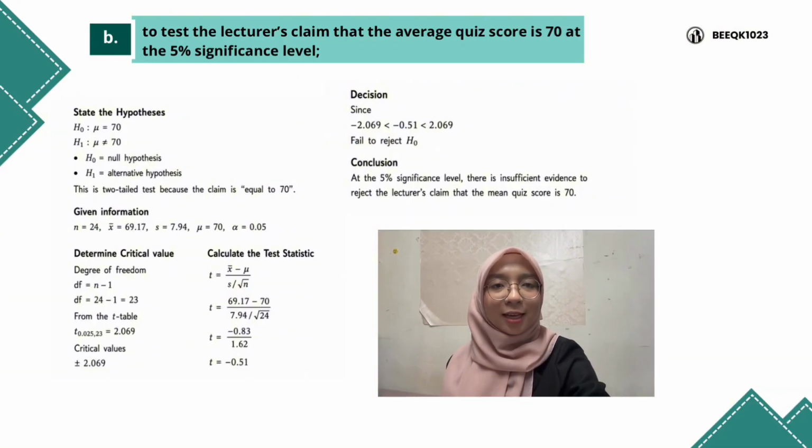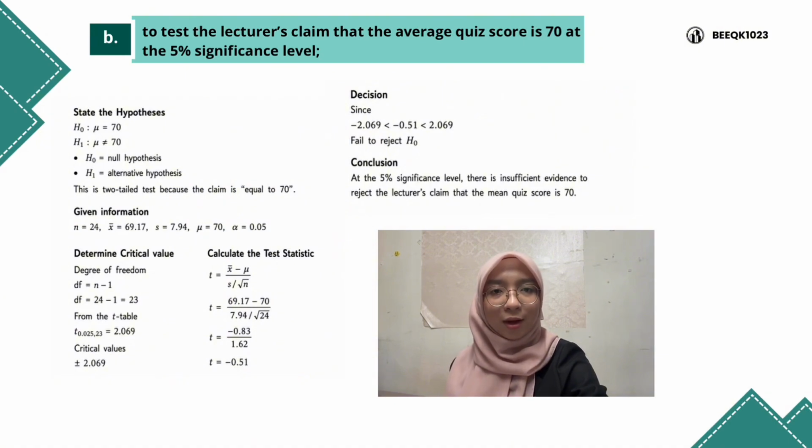Step 4. Calculate the test statistic. The test statistic is calculated using t equals x bar minus mu divided by s over the square root of n. Substituting the values, t equals 69.17 minus 70 divided by 7.94 over the square root of 24. This gives t equals negative 0.51.